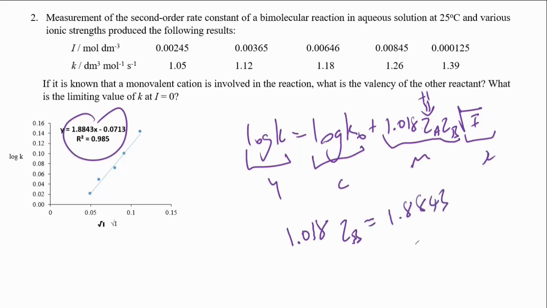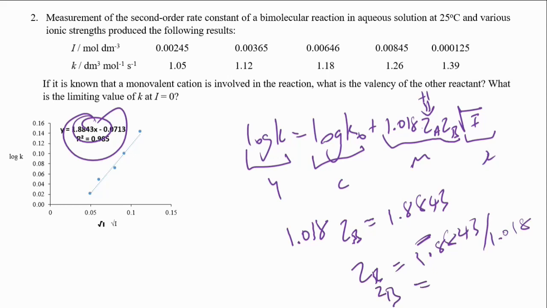This is the slope of the line as given to us. So I can find ZB easily. ZB is equal to 1.8843 divided by 1.018.